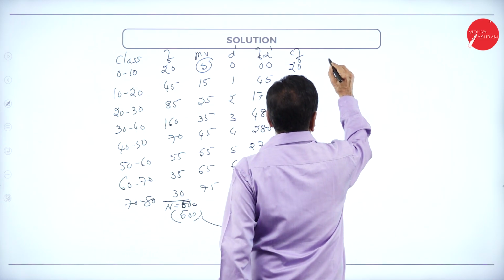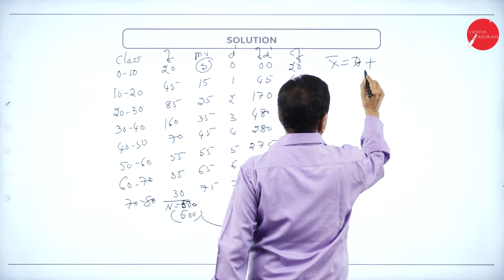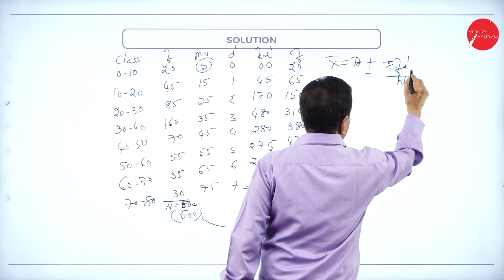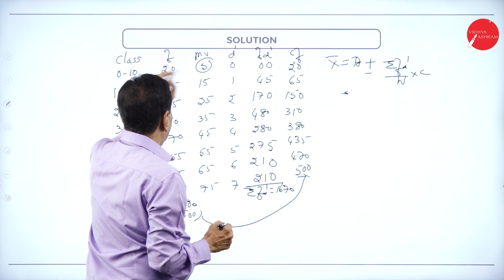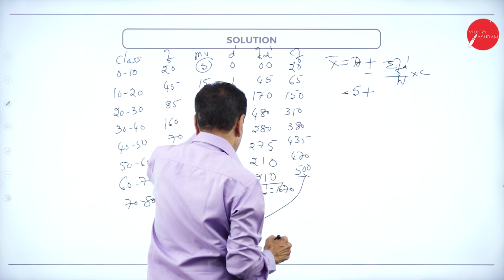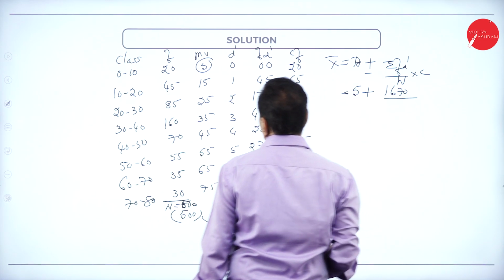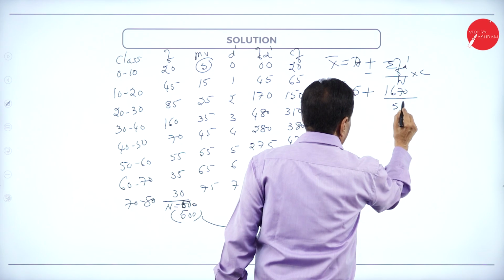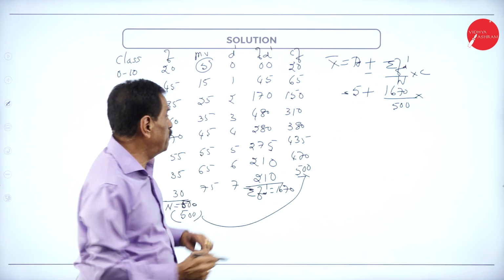We'll go to mean. Mean is equal to A plus or minus sigma ft dash divided by n into c. What is your assumed mid value? 5. What is sigma ft dash? 1670. What is the number of frequency? 500. Into, what is your class interval? 0 to 10 means 10.